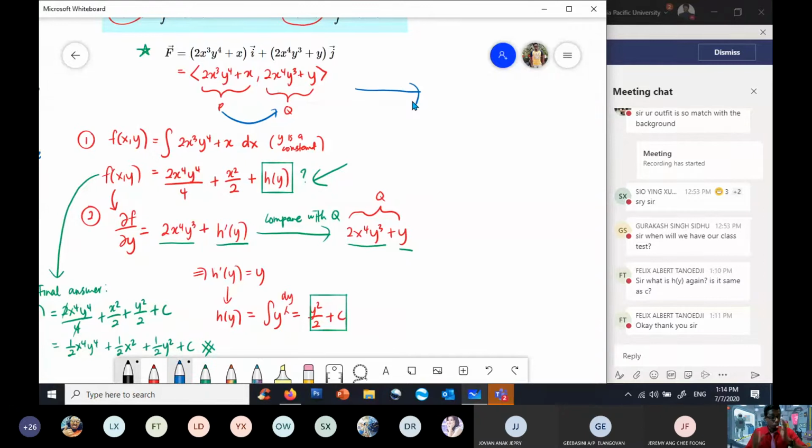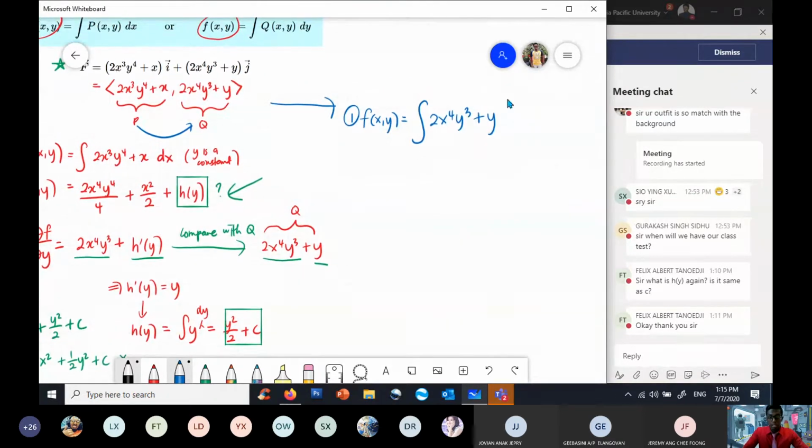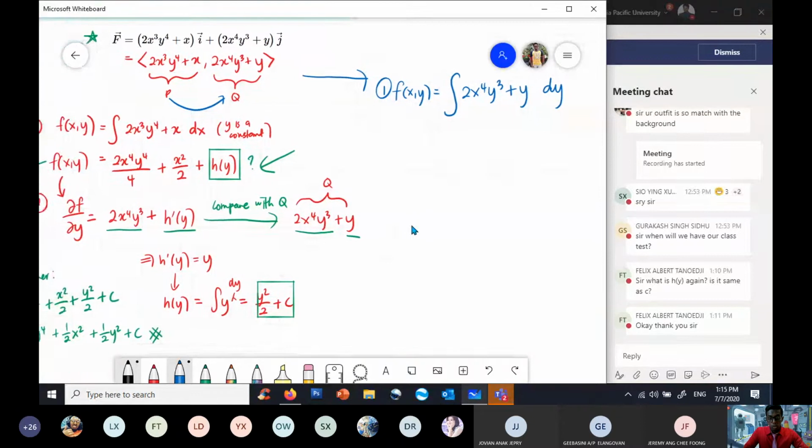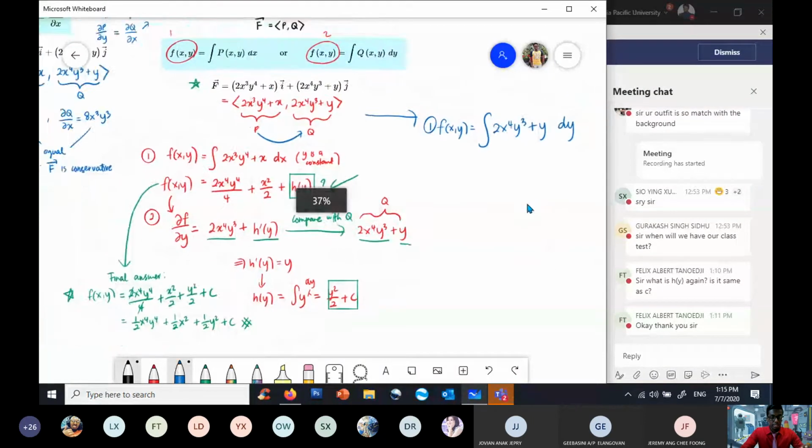Because I want to prove to you that you will get the same answer whether you start from P or you start from Q. So your first step is going to be f(x,y) is obtained by integrating the second component, which is 2x^4 y cubed plus y. If I choose the first component, it's with respect to x, but if I choose the second component, then with respect to y. So this is going to be your first step, and then everything else, try to follow the steps that I just did before this.